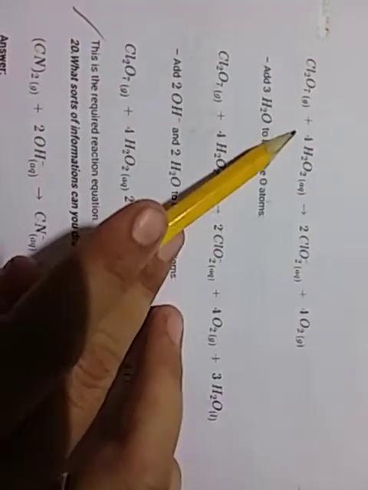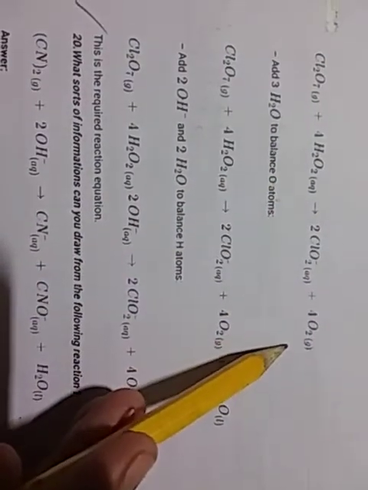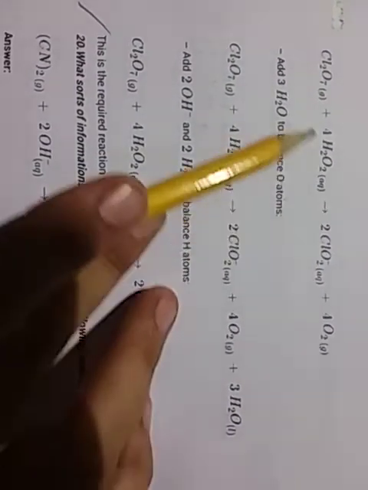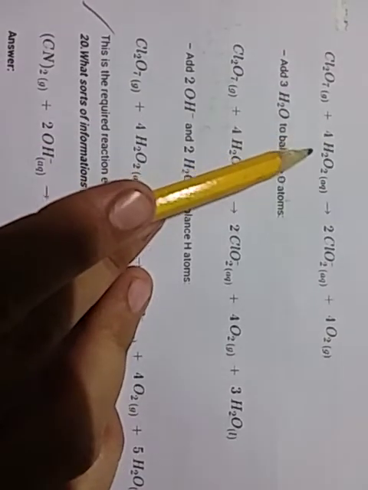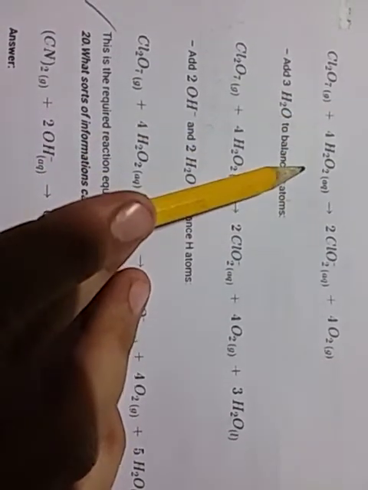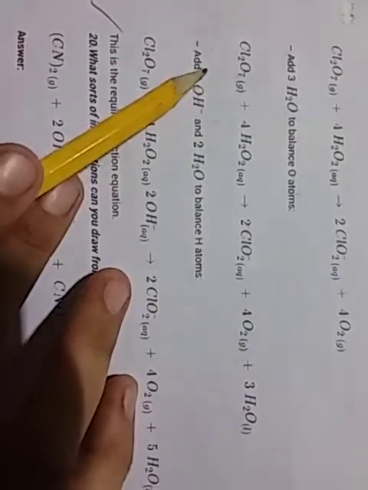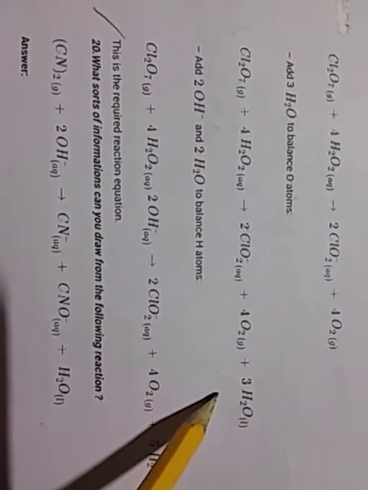So here you see 4 H2O2 and 4 O2. Then balancing hydrogen and oxygen, 3 water molecules are added to the right hand side. So Cl2O7 plus 4 H2O2 converts into 2 ClO2 minus plus 4 O2 plus 3 H2O.